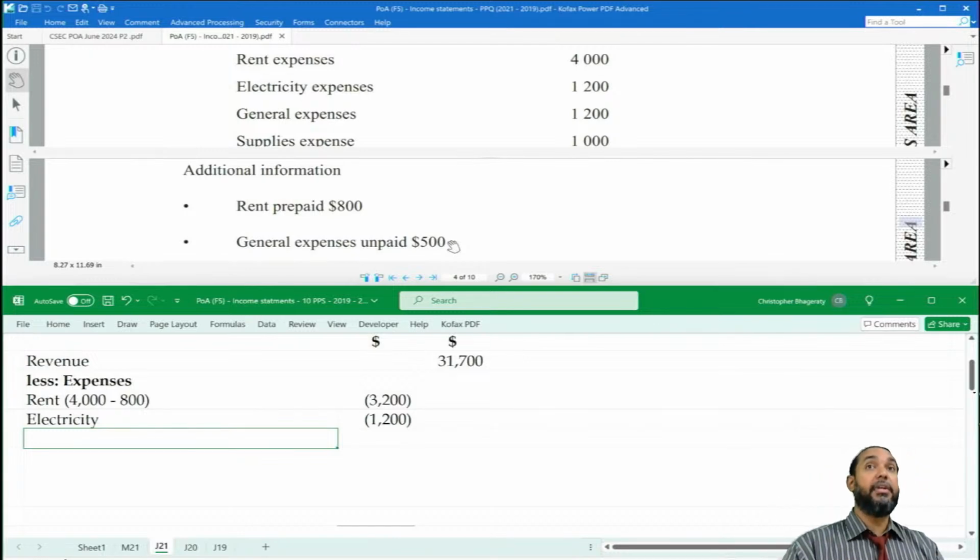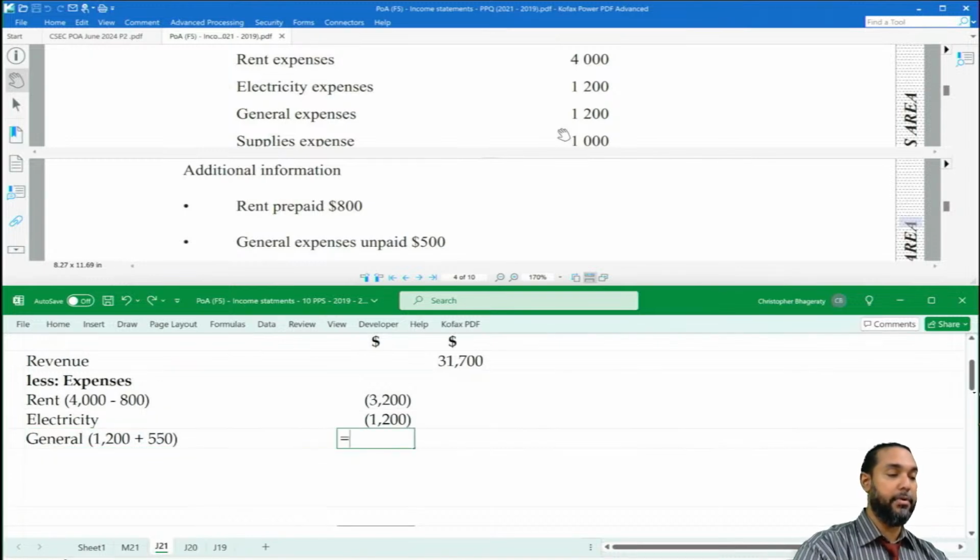You were supposed to pay it, but you didn't, which means you owe it. Despite the fact you didn't pay, it still goes in the income statement. So for general, you pull the 1,200 from on top and add the 550. You're adding the accrual because it was supposed to be paid, so it applies to the current period.